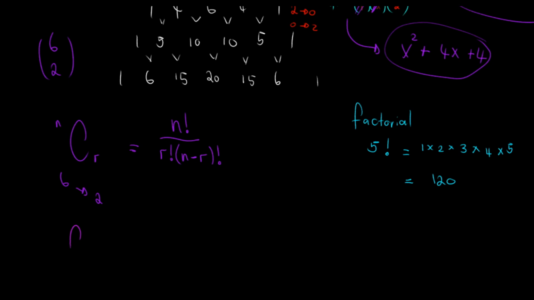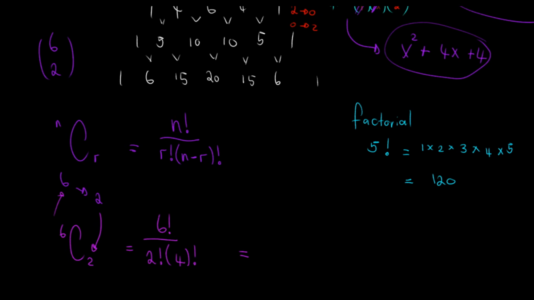So I'm going to write C 6 because I have 6 total students to choose from and I only need to pick 2. Let's insert our values. We have 6 factorial over r, which is 2 factorial, multiplied by n minus r, which is 6 minus 2, that gives me 4 factorial. Now I can actually simplify this.